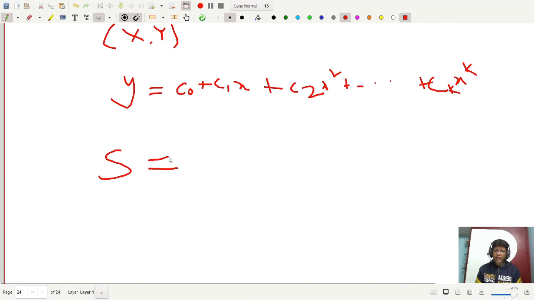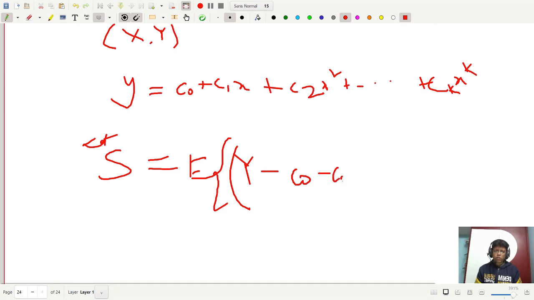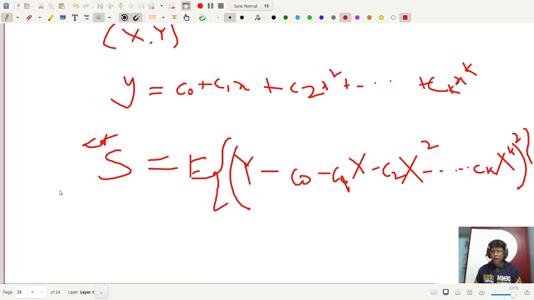So you have to consider, let S equal to expectation of (y minus c0 minus c1 x minus c2 x squared minus etc. ck x to the power k) whole squared. This is your S star.